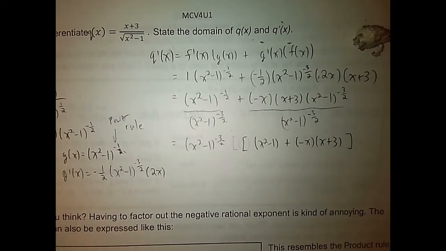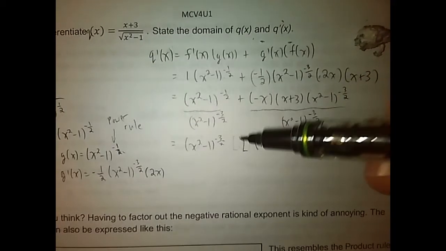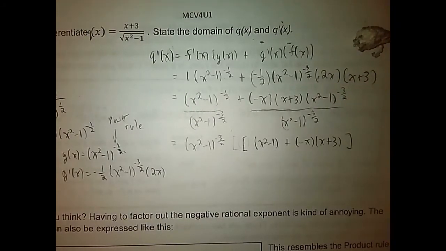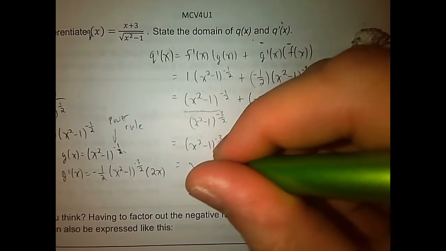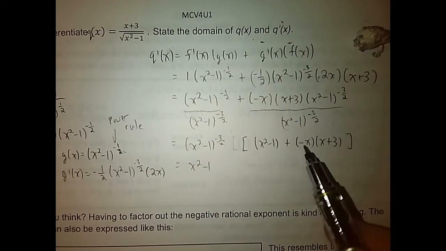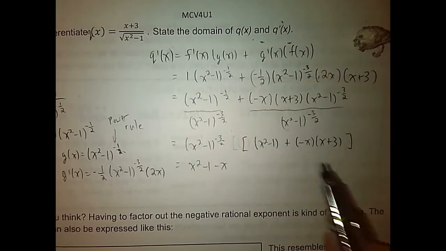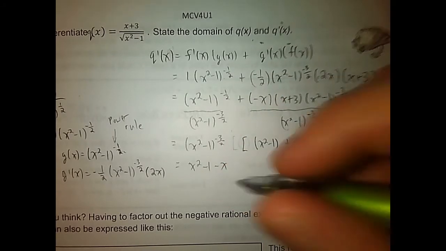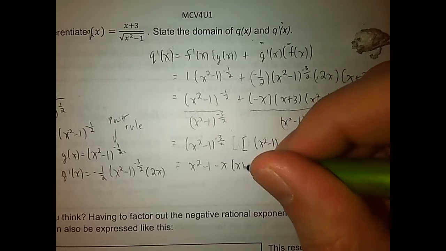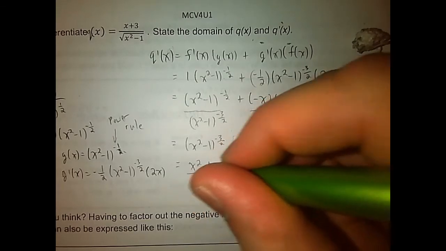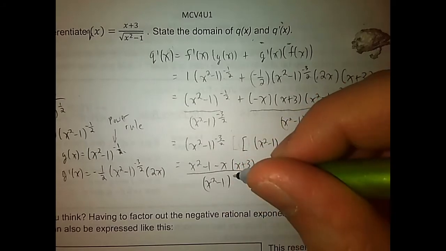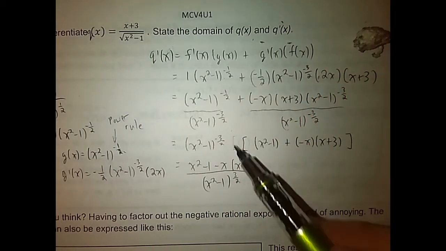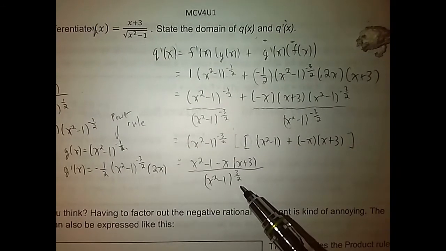So now if I wanted to, we could collect our like terms here. We could also put this on the bottom of our fraction. So I could get x squared minus 1 minus x times x plus 3 all over x squared minus 1 to the 3 over 2, and that negative 3 over 2 becomes a positive 3 over 2 here.